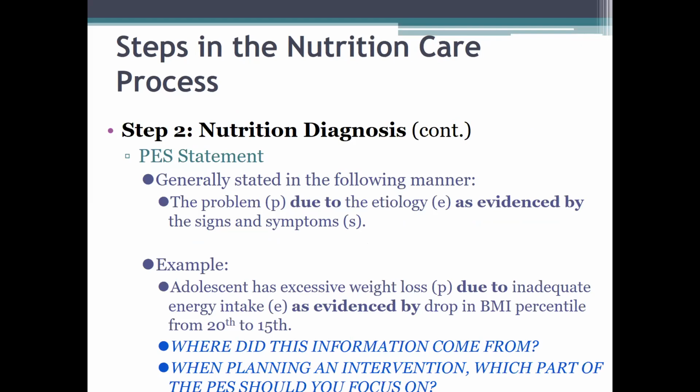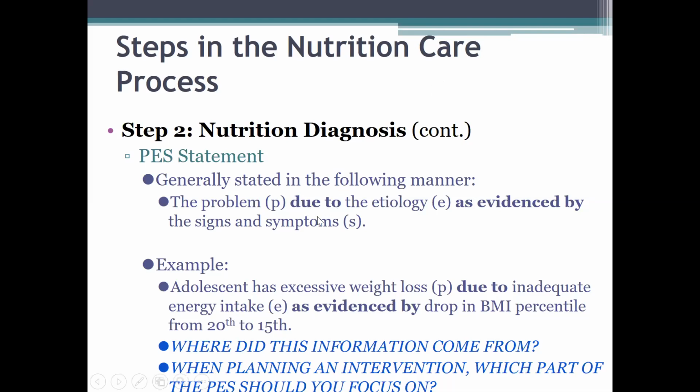So some other parts of a PES statement, and I do want you to do some of the language. So everything highlighted in here, I want to see every time you write a PES statement. So when you talk about the problem, use your own words. But after you're done talking about the problem, you have to write due to.